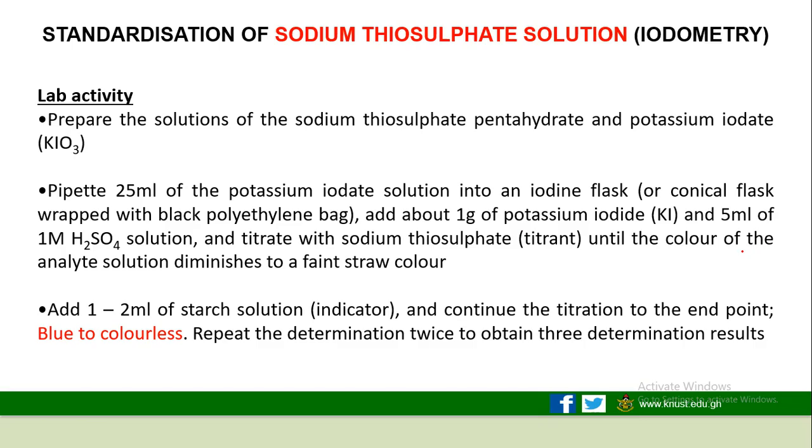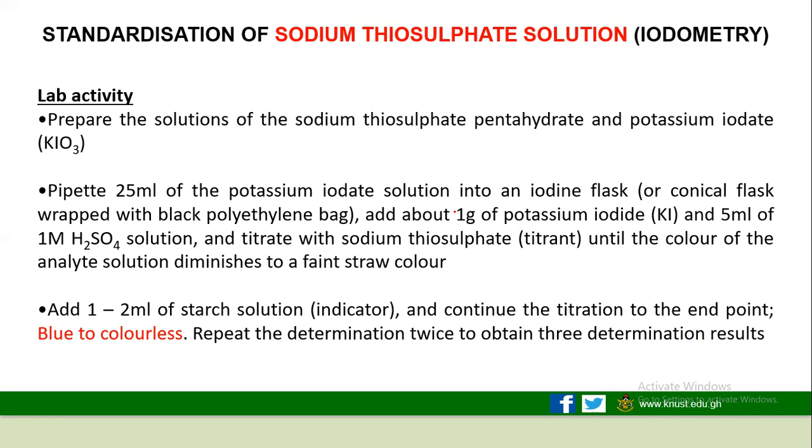So standardization of sodium thiosulfate solution, lab activity. Prepare the solutions of sodium thiosulfate pentahydrate and potassium iodate. And pipette 25 ml of the potassium iodate solution into an iodine flask or conical flask wrapped with black polythene bag. Very important because iodine is photosensitive, right? Good.